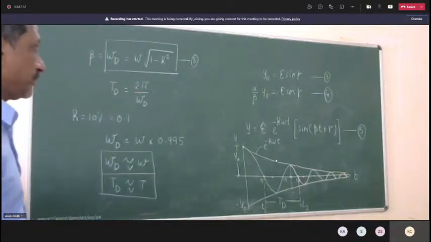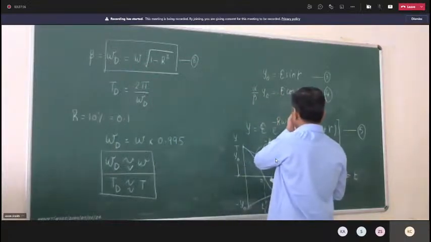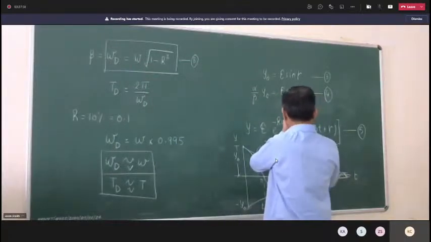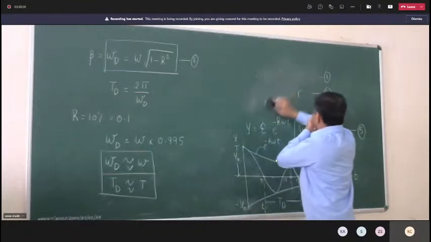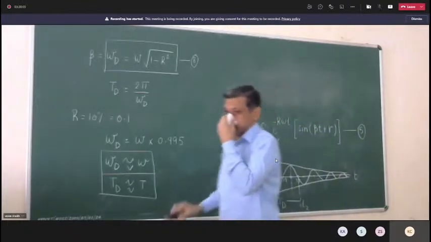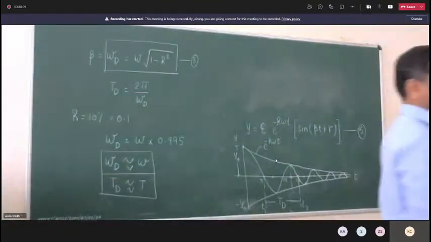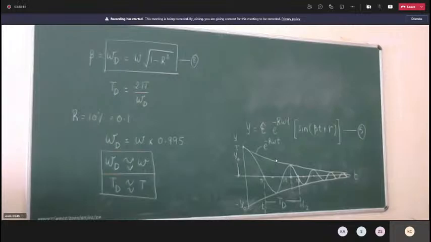To complete this derivation now, equation 2 can be rewritten as follows.